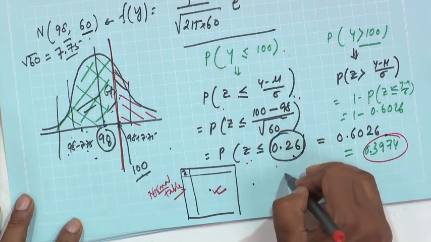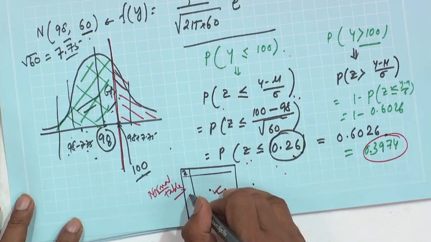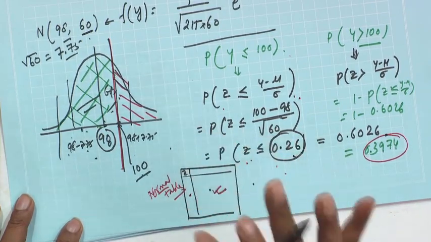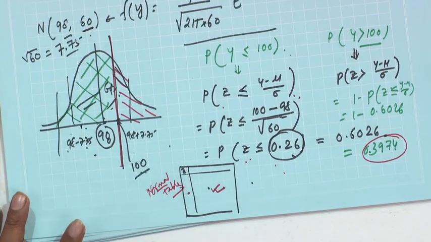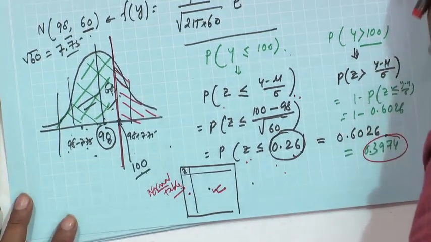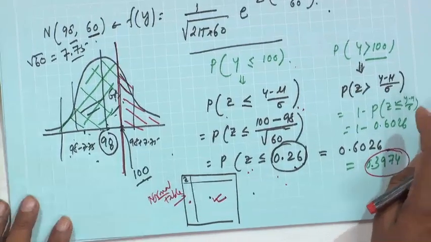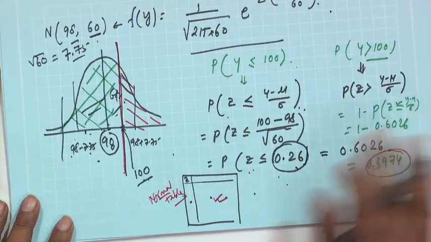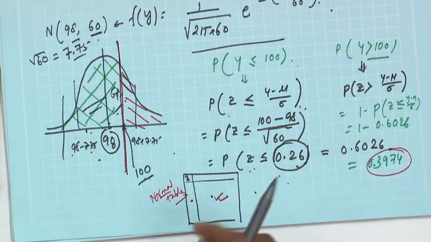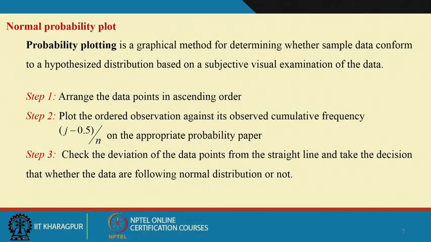On the other hand, if you have the probability value, you can also get the z value. How to read the unit normal table is very important, and you all must practice it. Other tables also you are required to know.